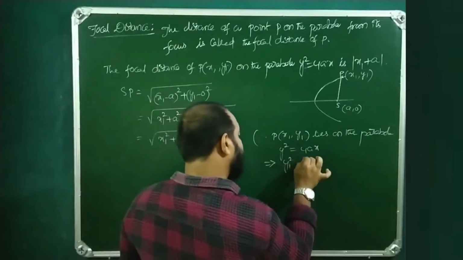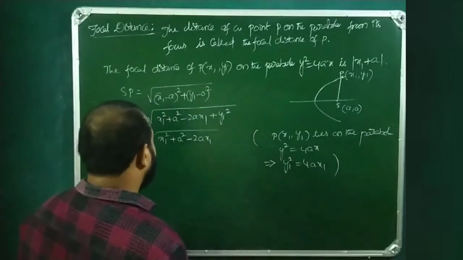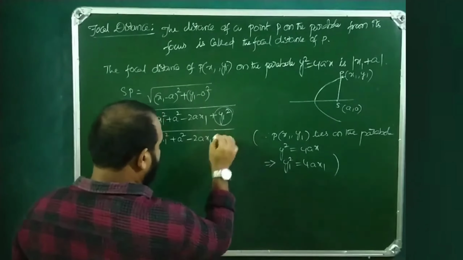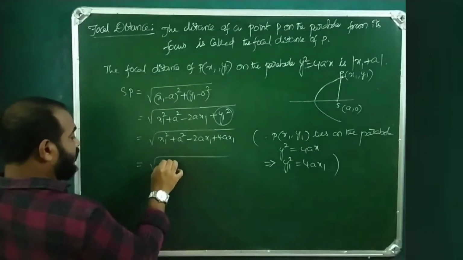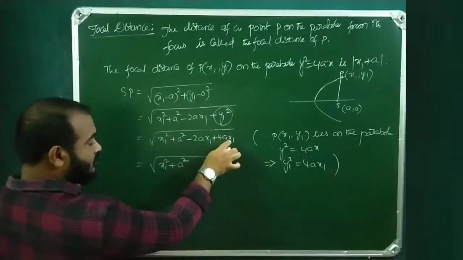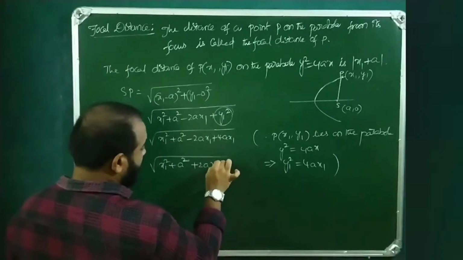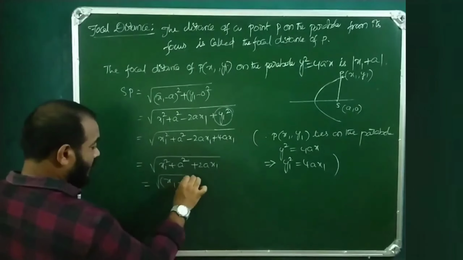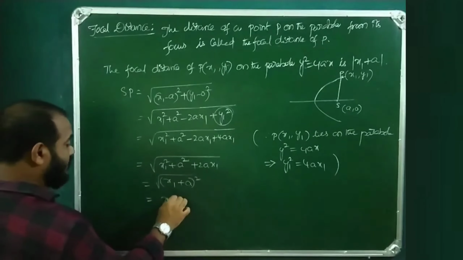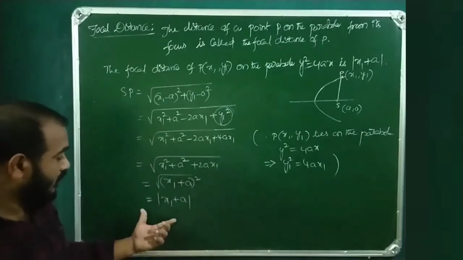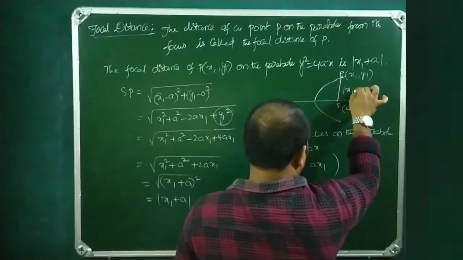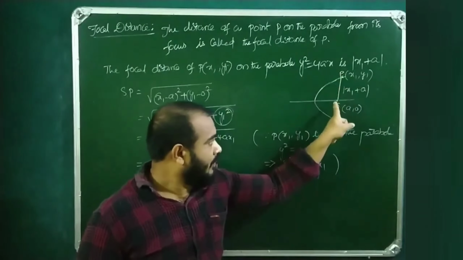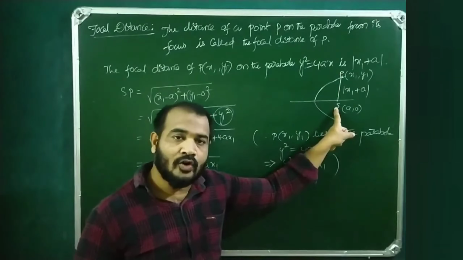That means y1 square equals 4ax1. So this y1 square can be replaced by 4ax1. Now this is x1 square plus a square plus 4ax1 minus 2ax1, which is plus 2ax1. So this is the square root of (x1 plus a) whole square, which is the modulus of x1 plus a, therefore x1 plus a. The length of the focal distance of P from the fixed point is called the focal distance.